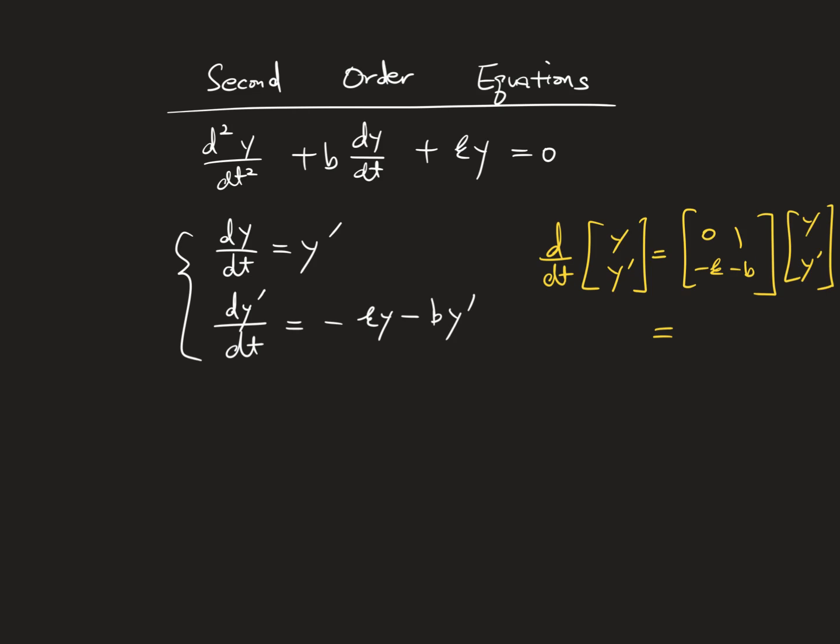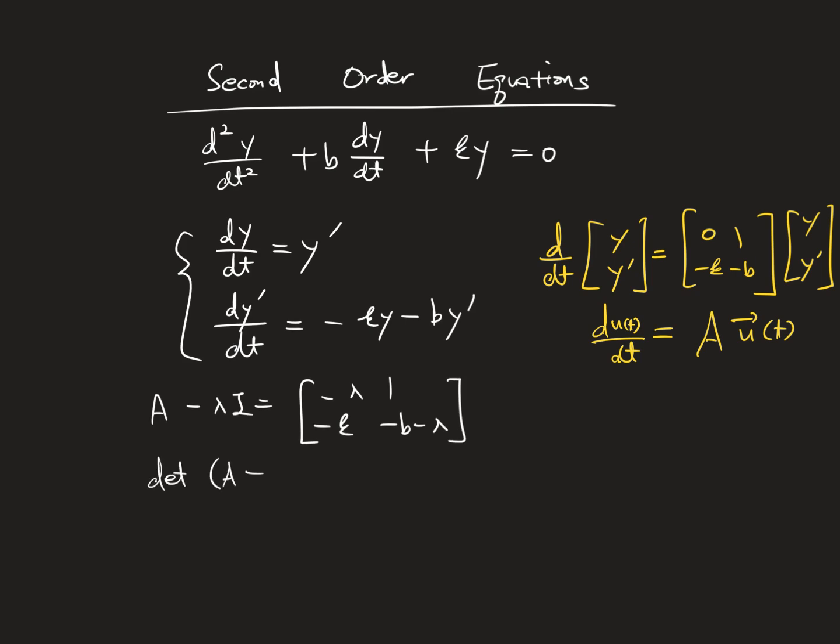And we can write this as a u vector. And so we have du/dt is equal to Au. But we know how to solve it. First we calculate the eigenvalues of this matrix: [-λ, 1; -k, -b-λ]. So the determinant of A minus λI gives λ² + bλ + k = 0.